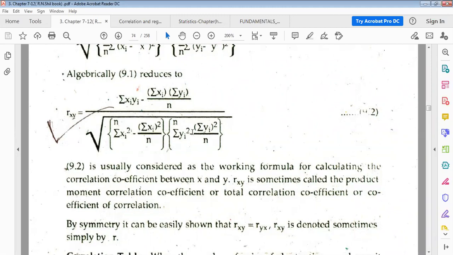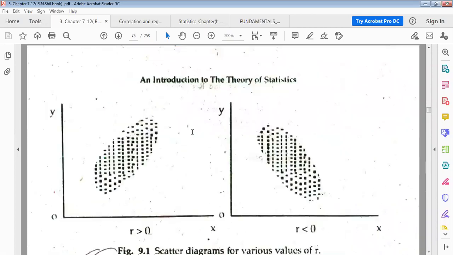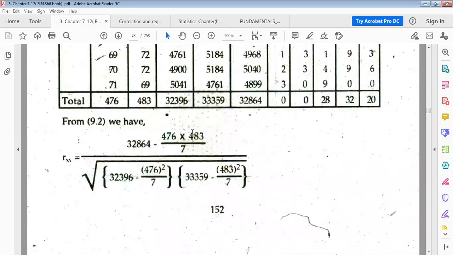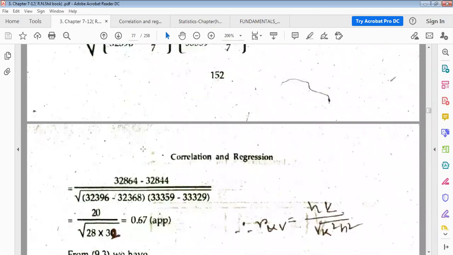This is the y standard deviation. Using this formula, we get rxy equals this, and after calculation using a calculator, we get approximately 0.67.